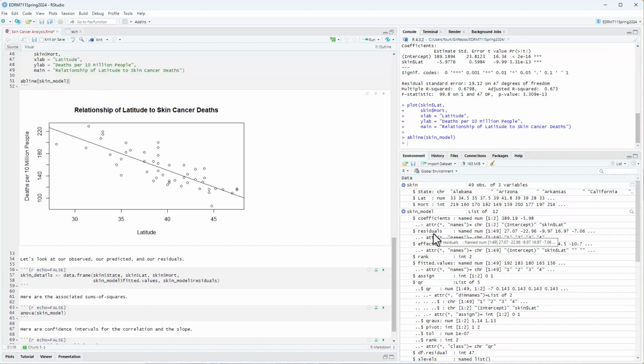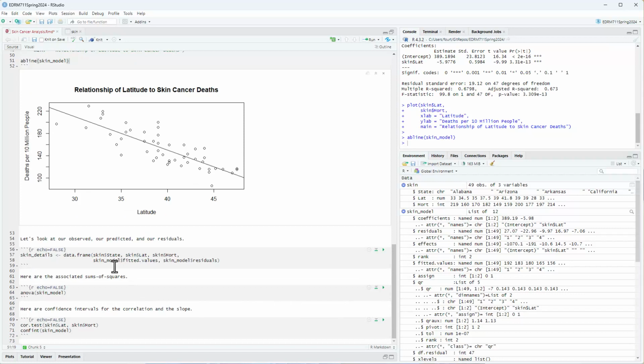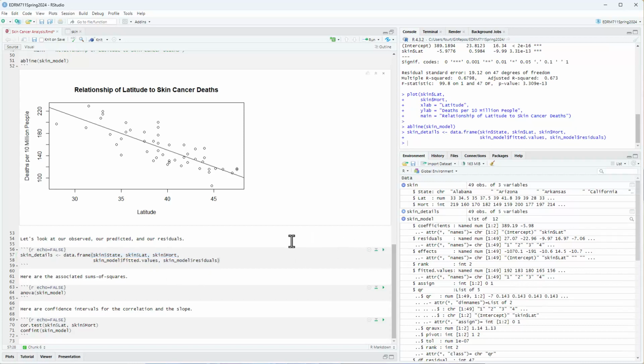So unexplained deviations are known as residuals. What I'm doing here is going ahead with the original variables we had, and I'm going to add 2 to our data. That's what the little data frame command is doing. I'm going to add the predicted, and I'm going to add the residual, or the unexplained part. So let's go ahead and get that, and let's look at it.